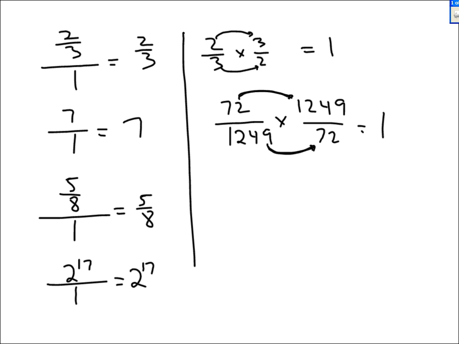You definitely don't want to say, oh, 1249 times 72, and work it out and then do it again for the bottom. It's 1. The fraction is 1. You don't have to know what 1249 times 72 is.